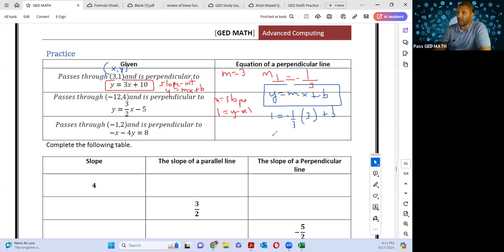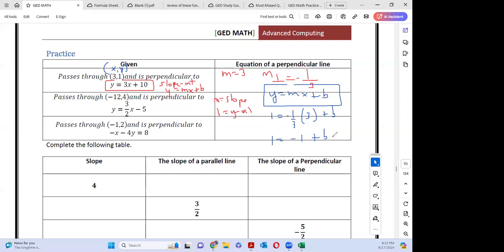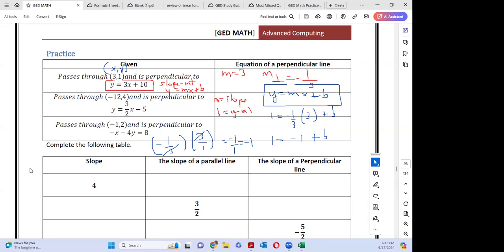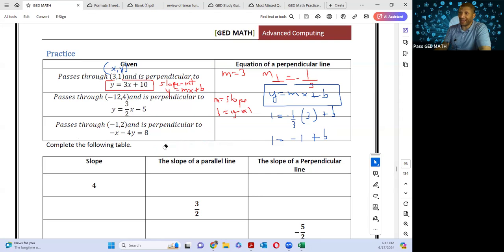Now we simplify, we get 1 equal minus 1 plus b. Understand that? Okay, if you don't know, plug it into your calculator. Minus 1/3 times 3. If we do it all the way out, minus 1/3 times 3, the 3's cancel. We get negative 1 over 1, which is negative 1. This is the issue a lot of people have with that negative number.